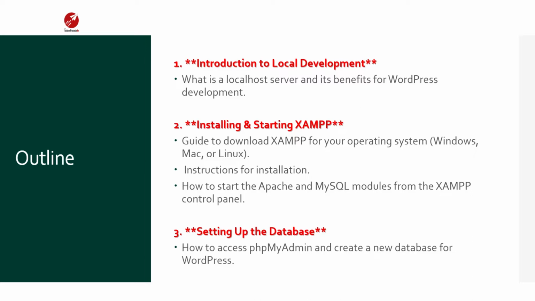All right, and on our outline also, we'll actually be setting up the database so that we can actually use it for the WordPress. So we'll be going to phpMyAdmin and creating a new database that will work for us. All right, so we'll be doing that.